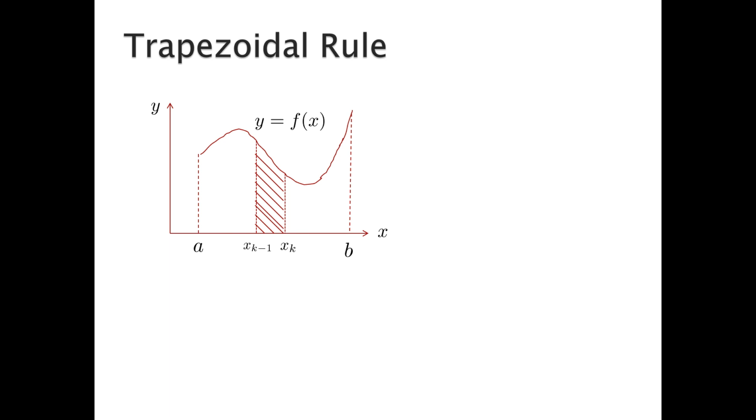What if I had some sort of a wiggly looking graph in general there? What if I were to not break things up into rectangles, but I broke things up into trapezoids? So instead of picking the height at the left endpoint and making a straight line across to make a rectangle, or picking the height at the right endpoint and making a straight line across at a constant height to make a rectangle, what if I drew a line between the left endpoint on the graph and the right endpoint on the graph and sort of made a triangle at the top?